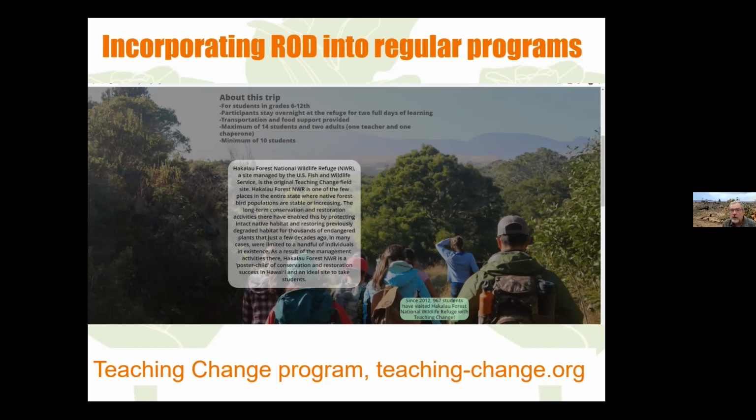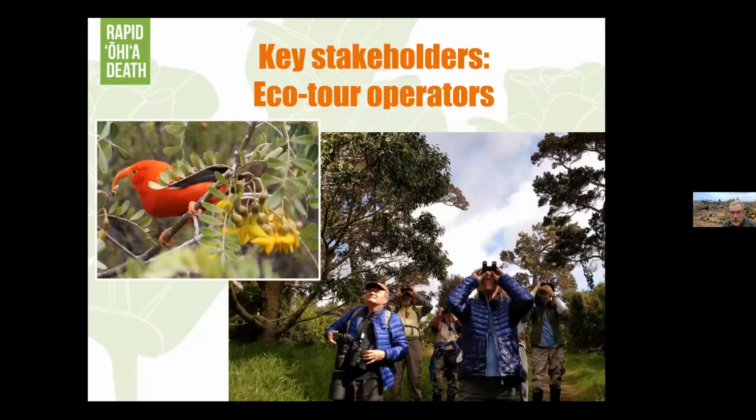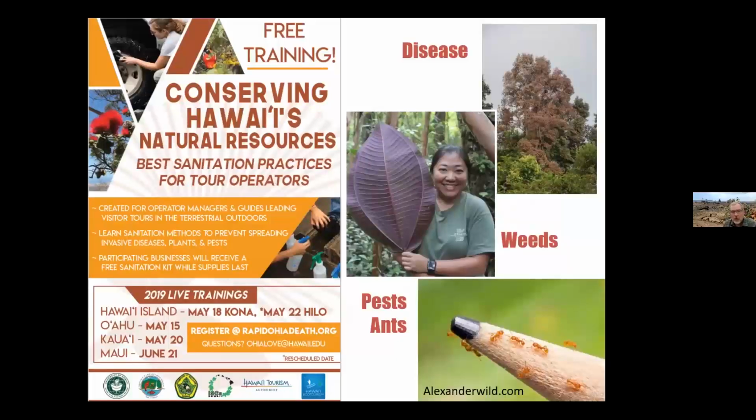Another thing that's been integrated in the curriculum is eco-tour operators, and we're going to have a whole session on this later. But again, my idea was reaching tourists. Most tourists want to hang out in the pool with a drink and an umbrella. They don't care. But what about the eco-tour operators? So we did a whole program.